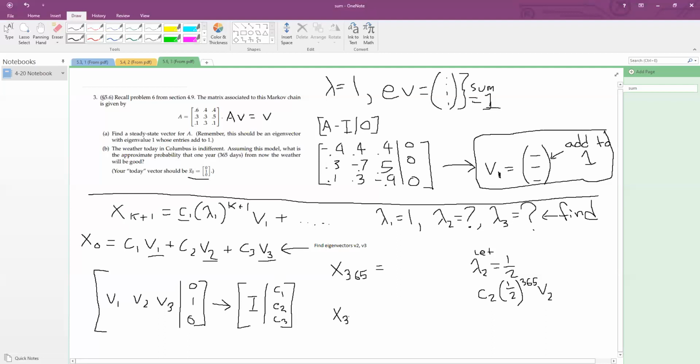So x to the 365, or I should say x to the k plus 1, you should be able to find that this is equal to some constant times x to the k over a long period of time for large K. And then once you found that, then I would say, it would be a fair bet to say, all right, this is the most likely weather over a long period of time.